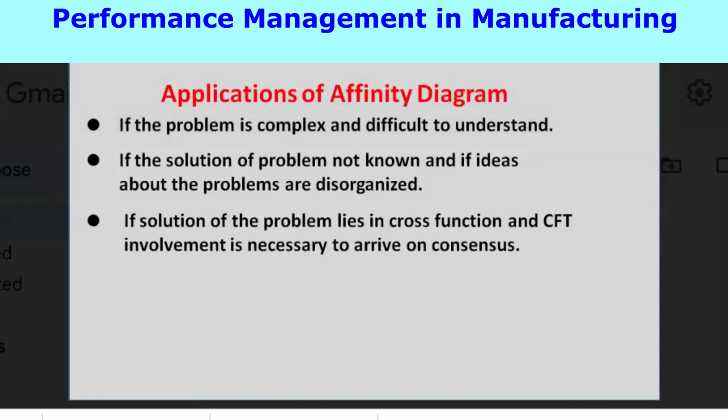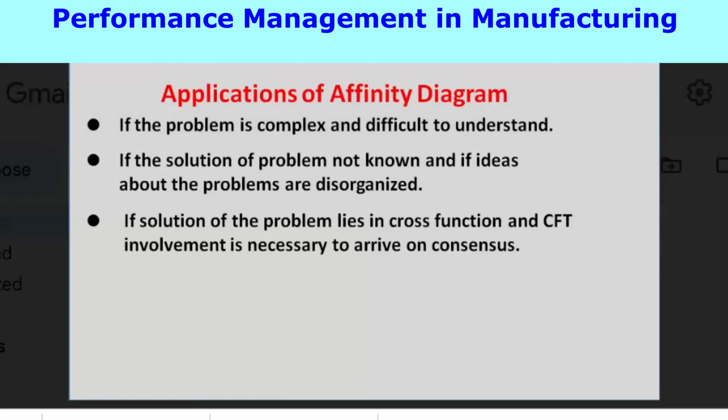If cross-functional team contribution is required to generate the ideas, then you should go for the affinity diagram. Means if you have to collect a large number of people for idea generation, and there should be cross-functional involvement for problem solving, then you should go for the affinity diagram. So these are the applications of the affinity diagram.